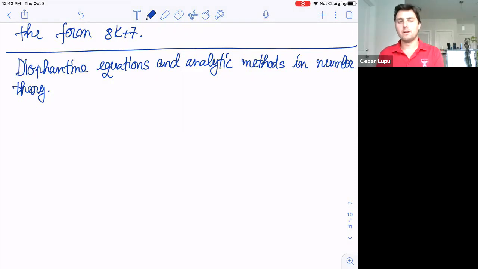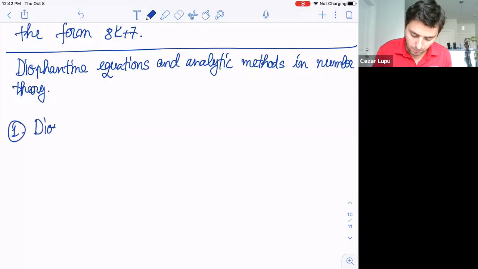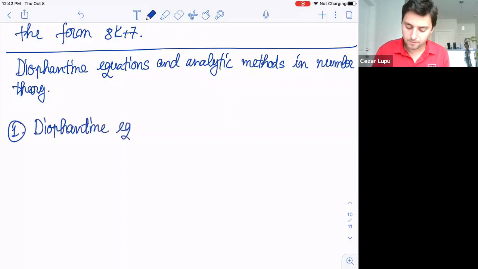You will see a little bit of analysis today, hopefully not too much, but I will try to stick mostly to the analysis which is relevant to number theory, especially to prime numbers. But now I would like to start with some Diophantine equations. So the first part is about Diophantine equations.